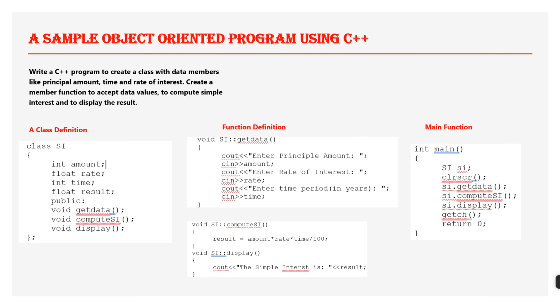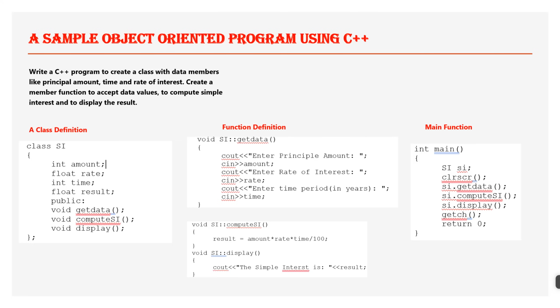It is up to the programmer. In the place of amount, he may write principal, or principal amount, or P. So int amount here stands for principal amount.